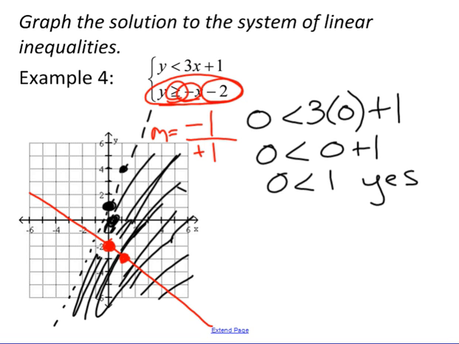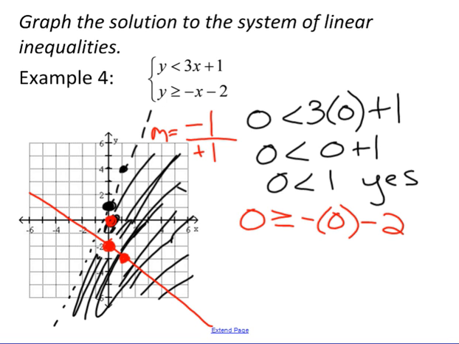Again, we're going to choose 0, 0 as our test point. So we're going to plug 0, 0 in, 0 for y, 0 for x, and check to see whether or not it's true. -0 is just 0.